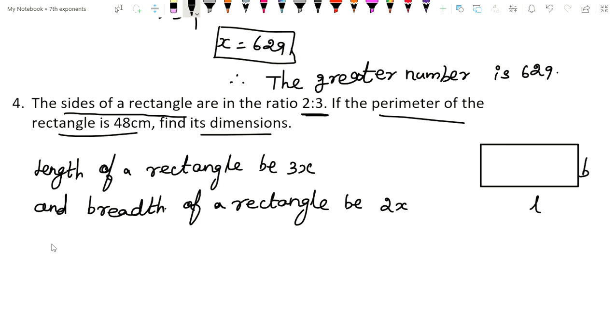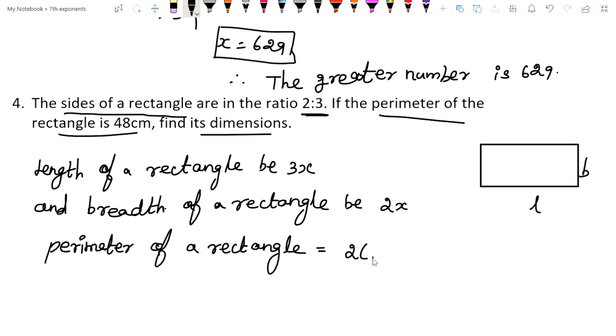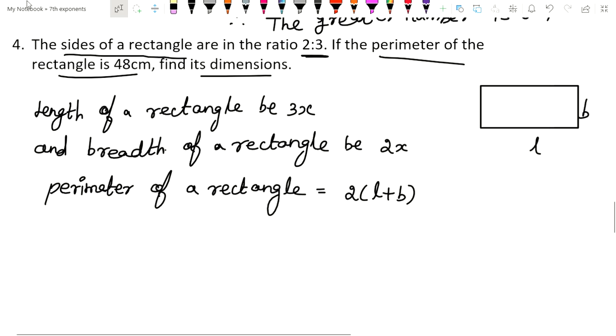You know very well the perimeter of your rectangle. What is the formula, children? Perimeter of a rectangle equals, what is the formula? 2 into L plus B. Just here you substitute the values. So 2 into L plus B equals, what is given?